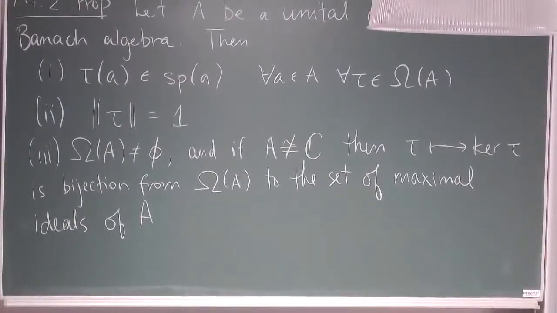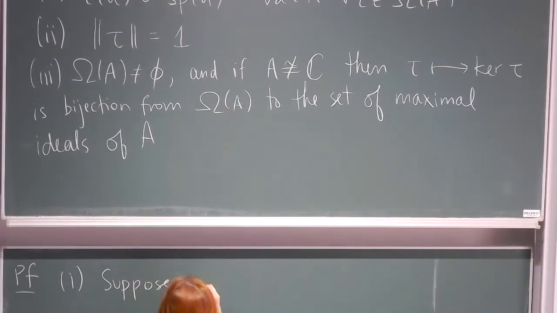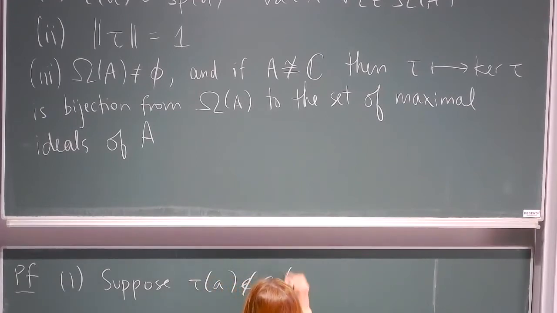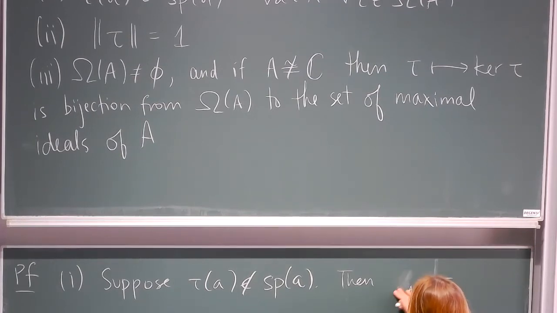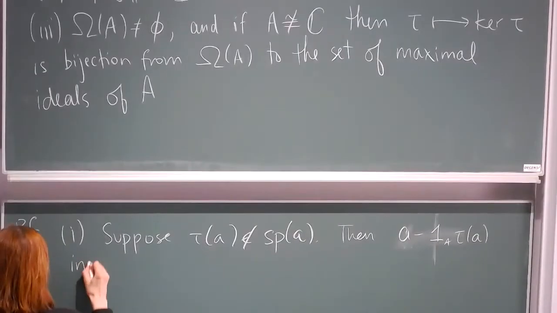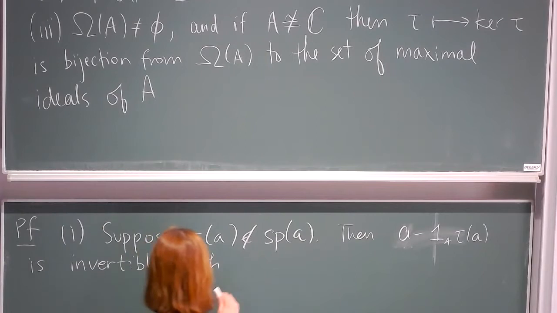So the character space in this commutative setting gives us quite a lot of information already about the Banach algebra itself. So let's prove this. Tau(a) is in the spectrum of a. Suppose otherwise. Then recall that the spectrum is the set of elements lambda such that a minus lambda 1 is not invertible. So that means then that this is invertible. And let's just call its inverse b.